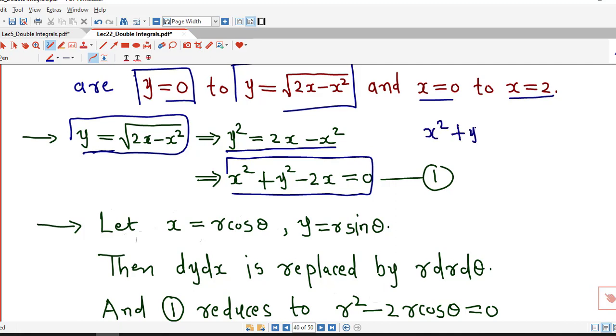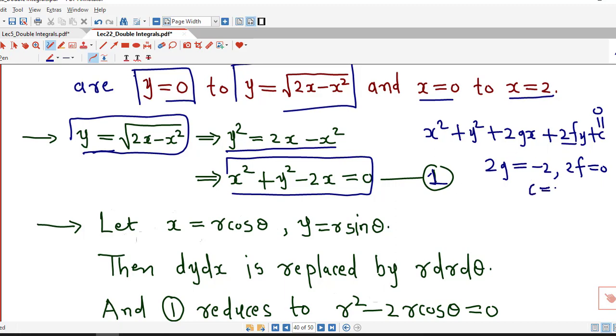We know the general equation of a circle is x square plus y square plus 2gx plus 2fy plus c equal to 0. If we compare this equation 1 with it, the coefficient of x is minus 2 and the coefficient of y is 0. So we have 2f equal to 0, 2g equal to minus 2 and c equal to 0.